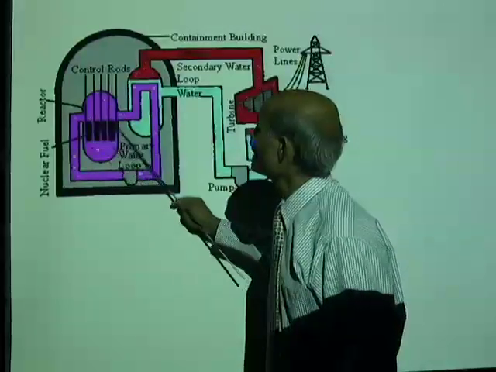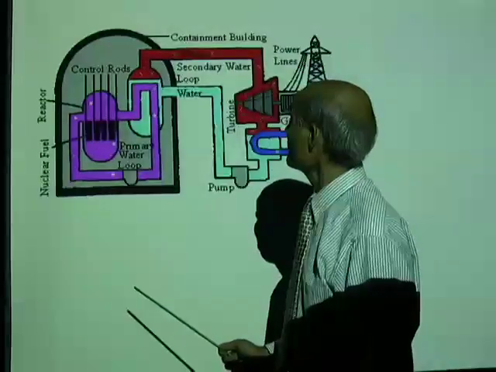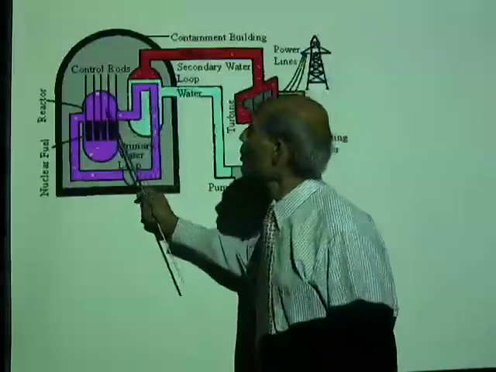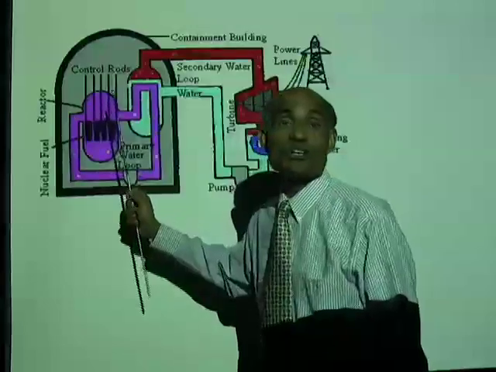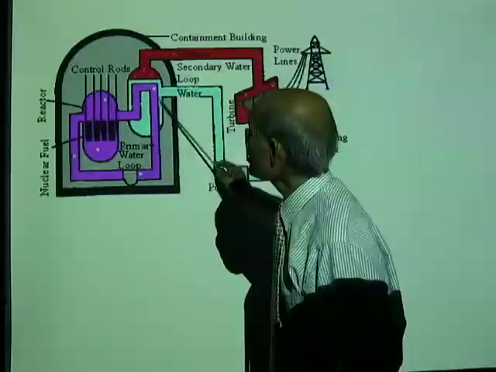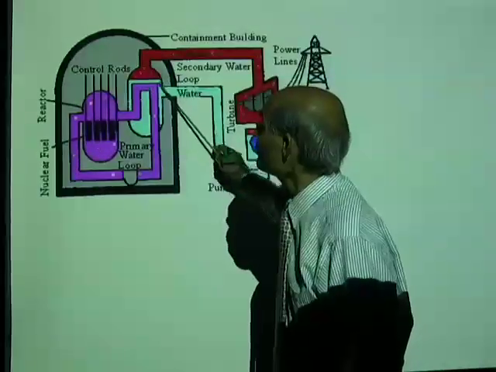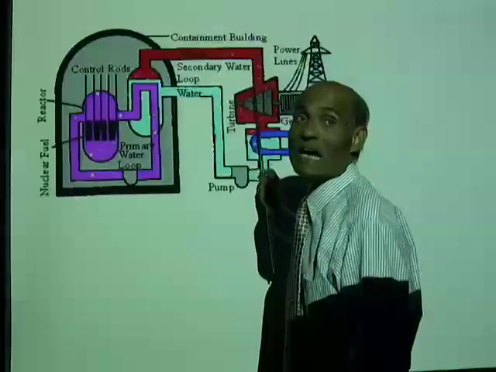And the moderator is actually water, heavy water. Now, coolant. Water also is used as the coolant. That means this water being circulated will remove heat and give it out to the water that is circulating here.